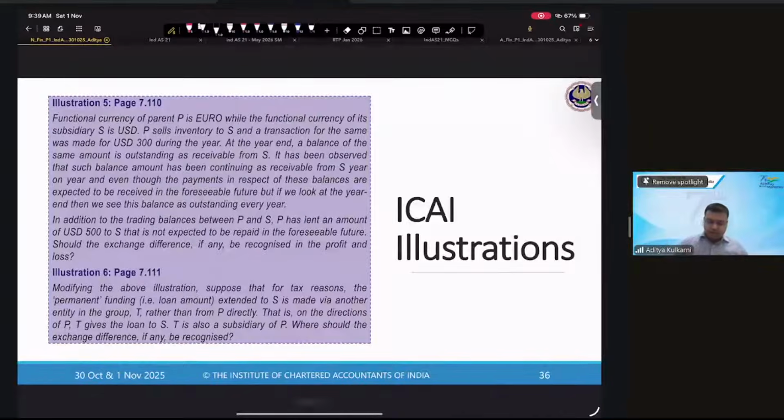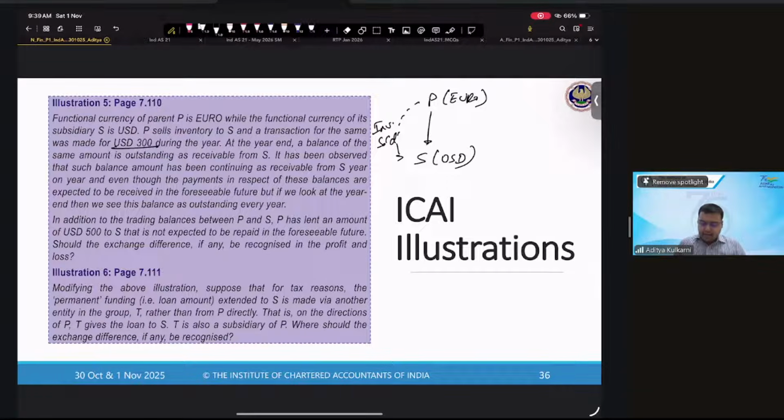Now, coming to this illustration. The functional currency of parent P is euro. The functional currency of the subsidiary is dollars. P sells inventory to S for $300.